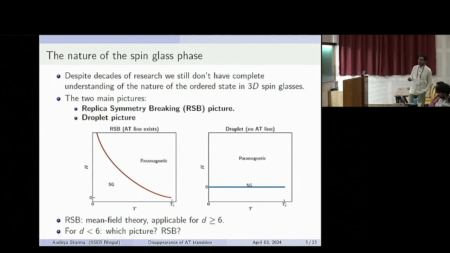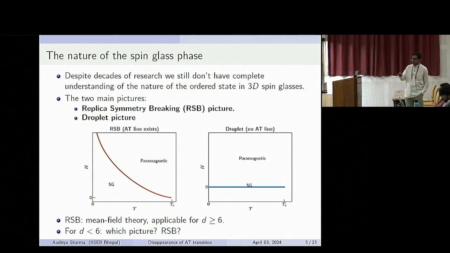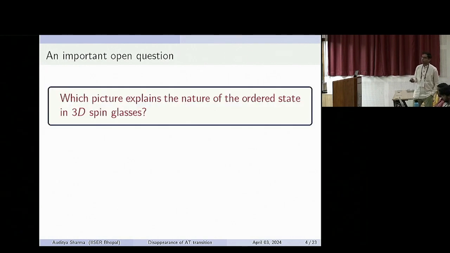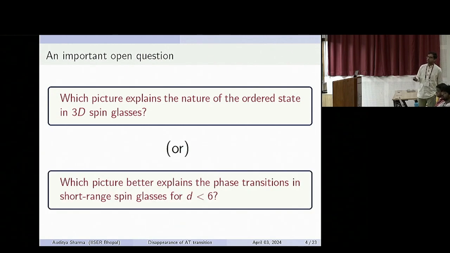We show data which seems to suggest that indeed there is evidence for this picture, and therefore the droplet model would hold. So this is an important open question: whether RSB holds at all for 3D nearest neighbor spin glasses, and more generally whether it holds for all dimensions D less than 6.